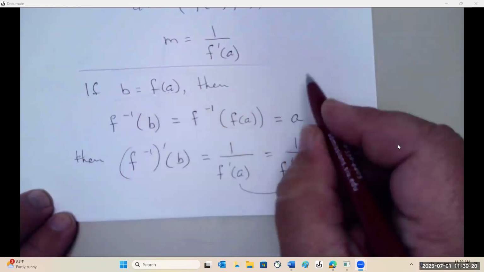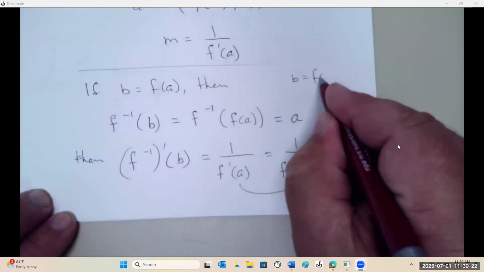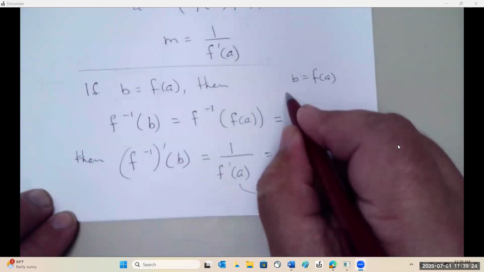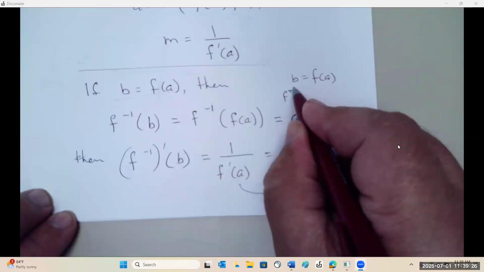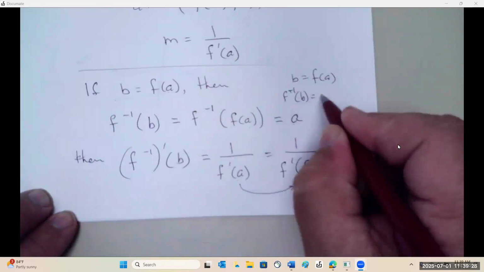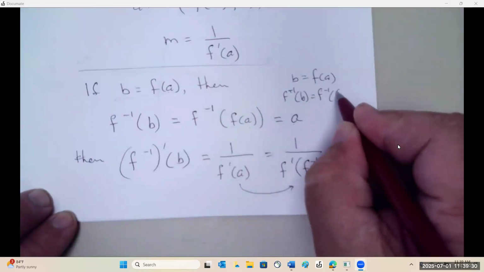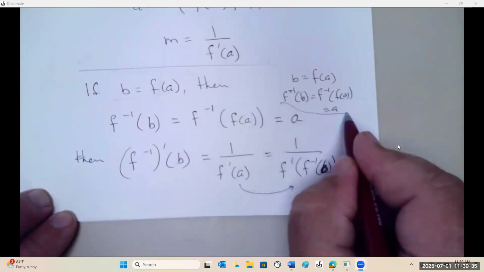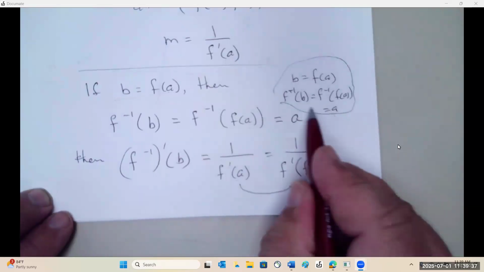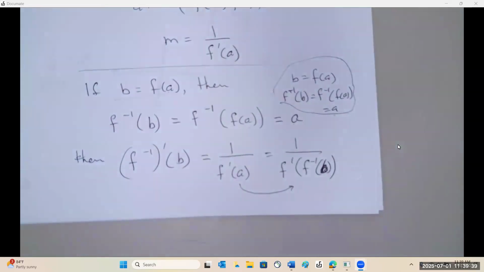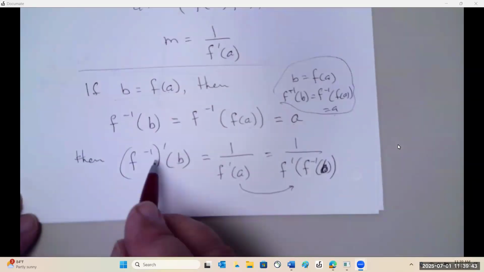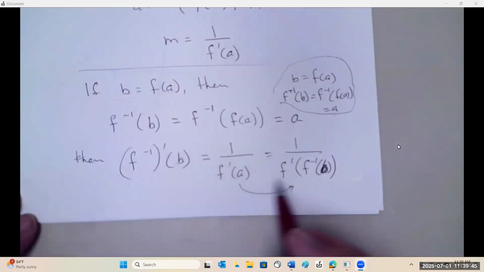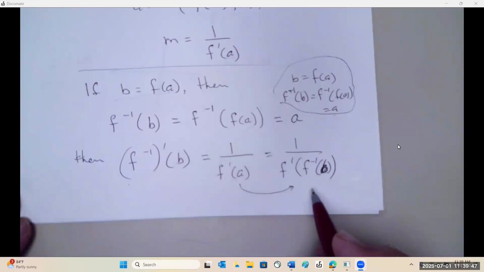Because of here, if b equals f of a, then the inverse of b is equal to the inverse of f of a, which is a. So a is equal to the inverse of f of b. Very good. So that's where that comes from. Which tells us what? If we're going to take a derivative of an inverse function, what do we need to do?